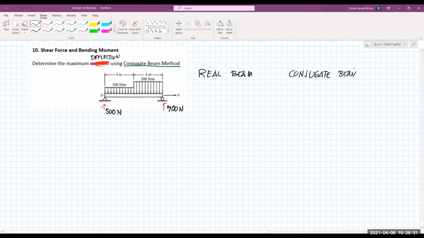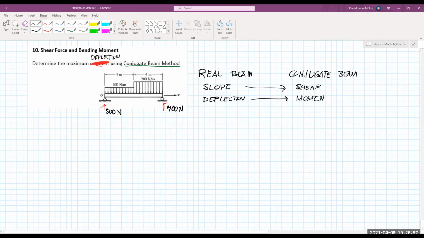The slope of the real beam is actually the shear of the conjugate beam. And the deflection of the given beam, the real beam, is actually the moment at the conjugate beam.